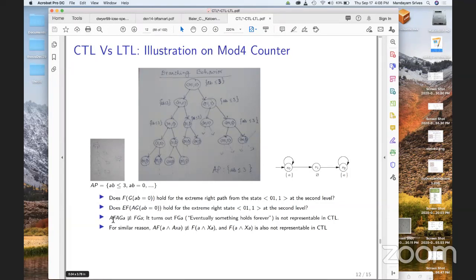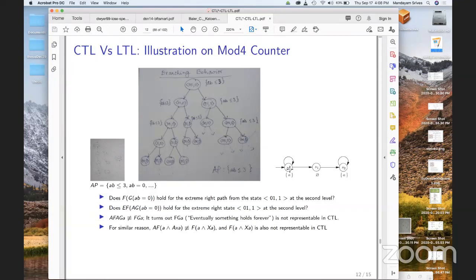I'm specifically referring to the path in which S0 is repeated infinitely. On that path, that state S0 does not satisfy it.